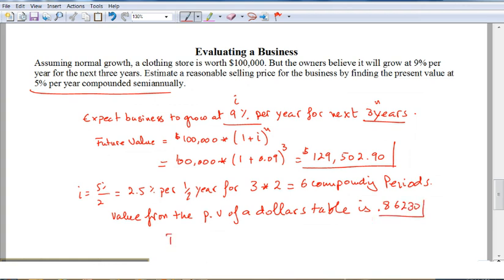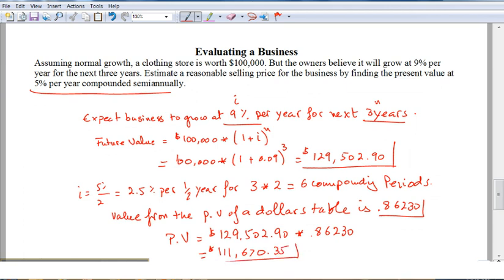So therefore the present value is the future value, 129,502.90, based on the assumption that the business is going to grow 9% every year for 3 years. You multiply it by the number we found on the table, and we're going to find 111,670.35.